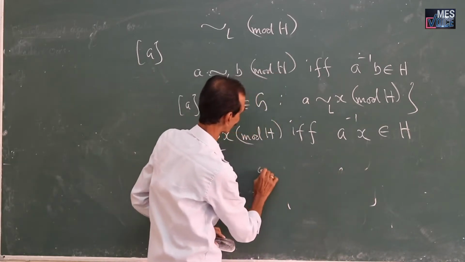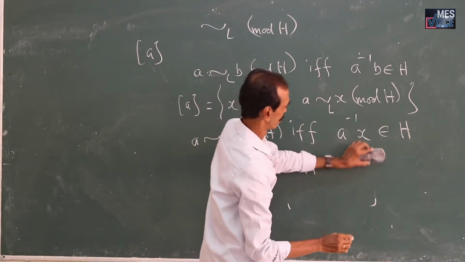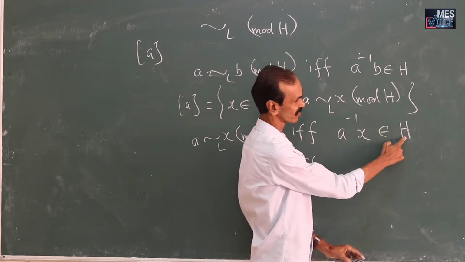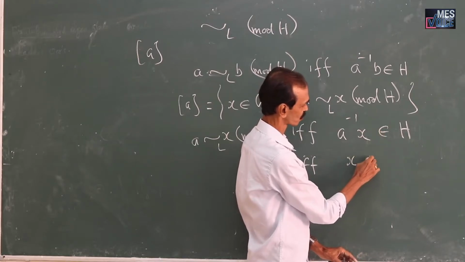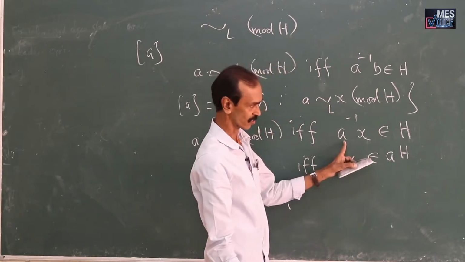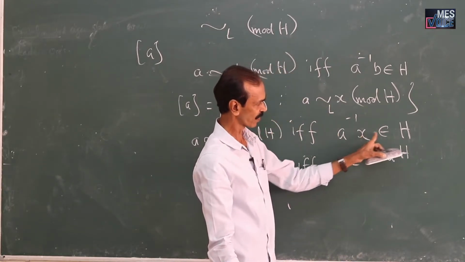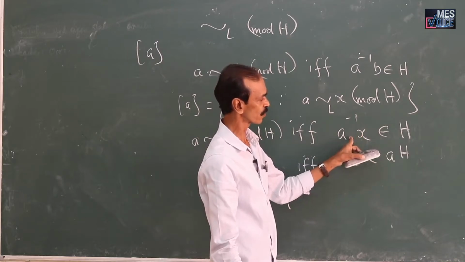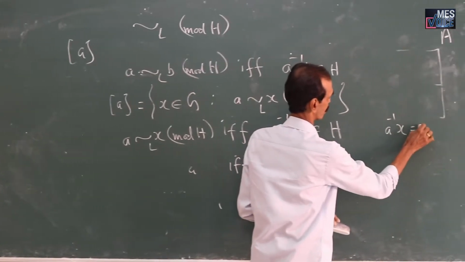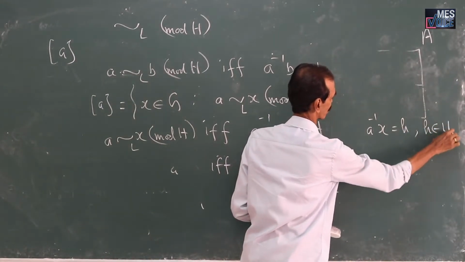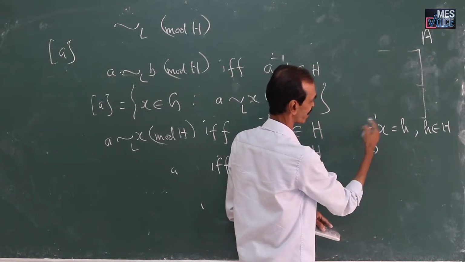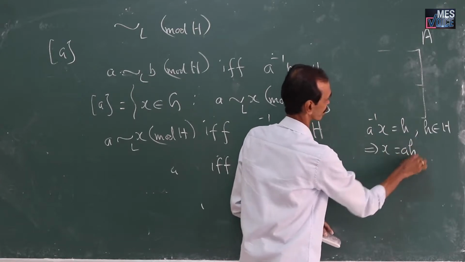That is, if and only if A inverse x belongs to H happens only when x belongs to AH. Because A inverse x belongs to H means we can write A inverse x equals small h, where h belongs to H, which implies, by pre-multiplication by A, x equals ah.